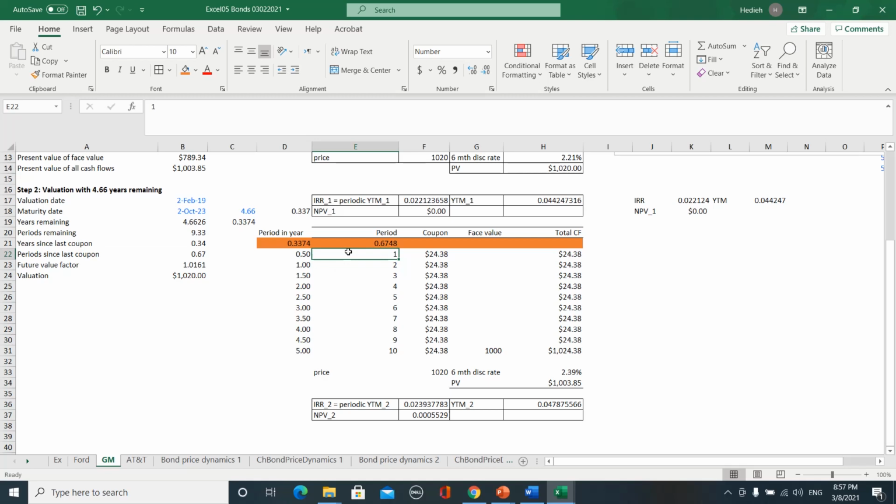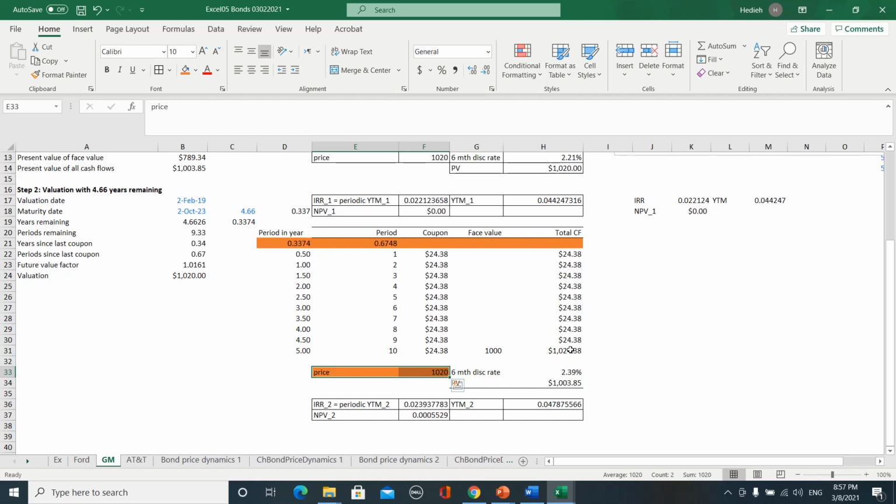We are told that the price now is $1,020 at this point in time at 0.6748 periods. Okay, so at this point in time the price is $1,020 and you have the cash flows of your bond.